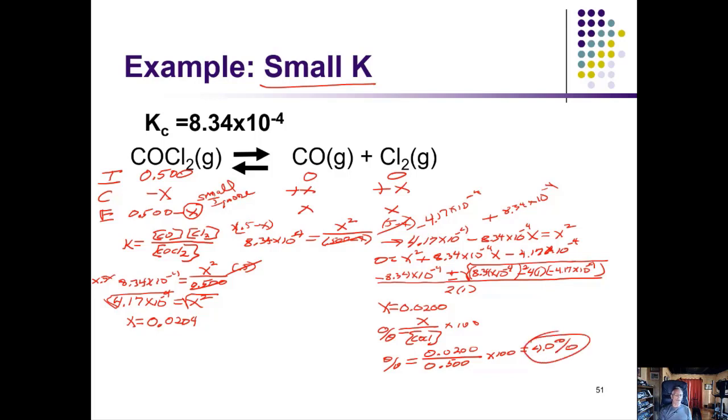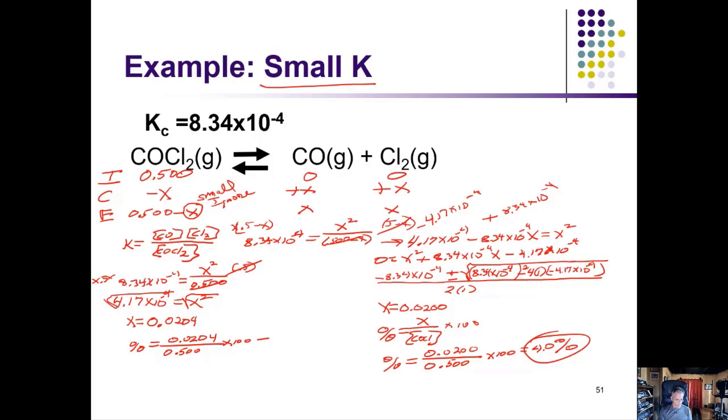Now, if we do the same thing over here, we have an x value of 0.0204, so we're going to calculate the percent. That'll be 0.0204 divided by 0.500 times 100.